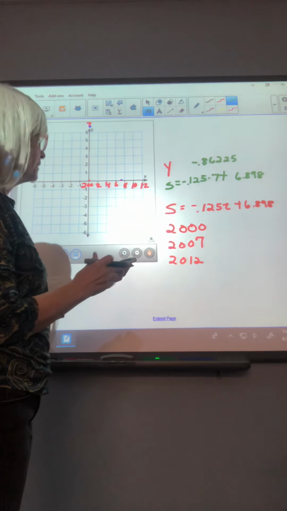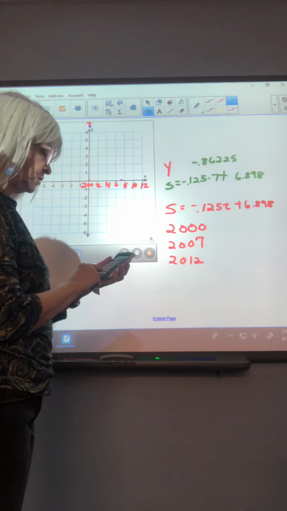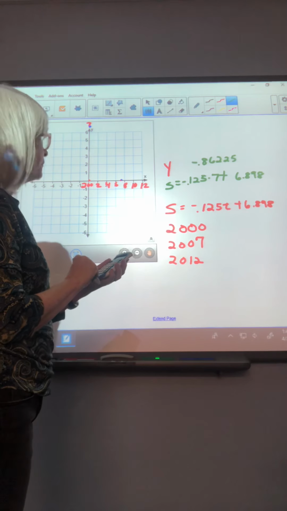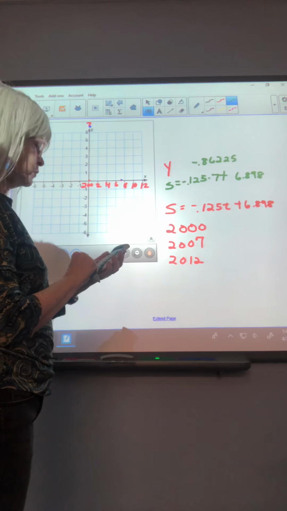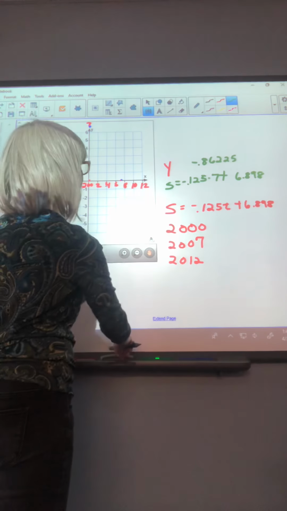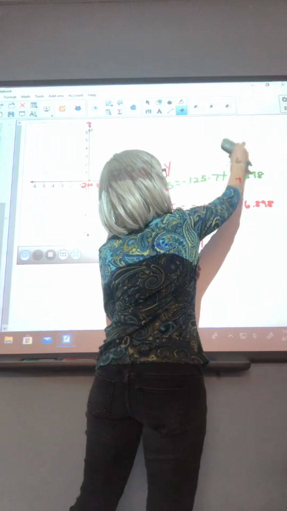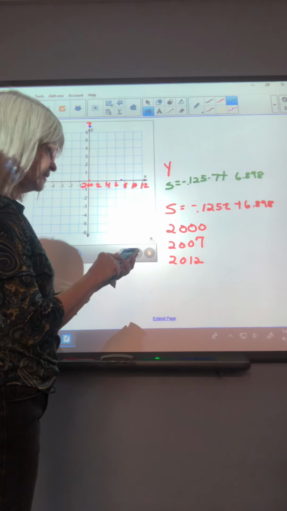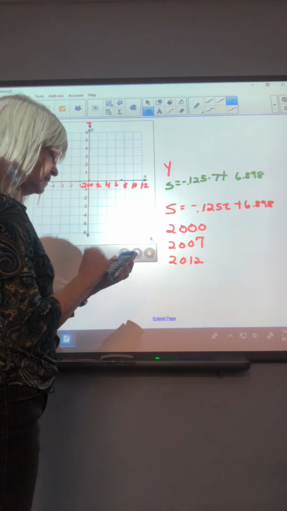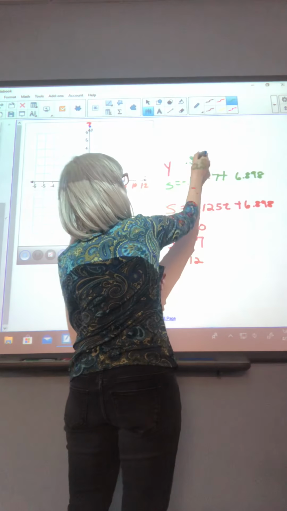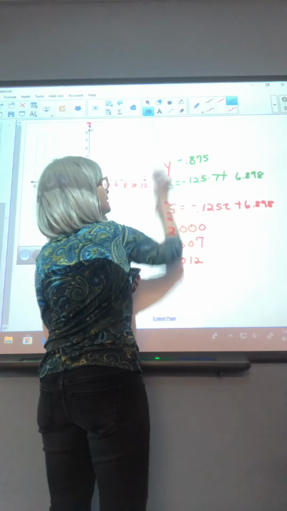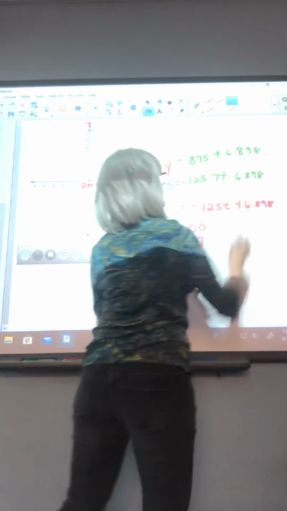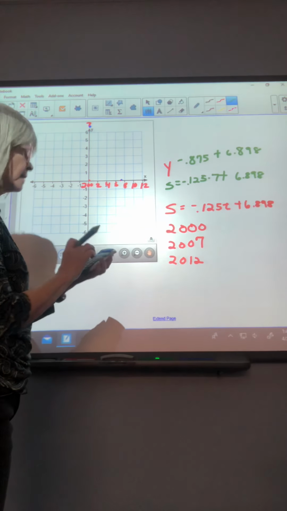So let me make sure I did that right. We've got 0.125 times 7, and we get, I have to do that again. I must have had something in my calculator because I'm getting a different answer. Let's try it again. So we've got negative 0.125 times 7, and we get 0.875, and that's a negative, plus 6.898.